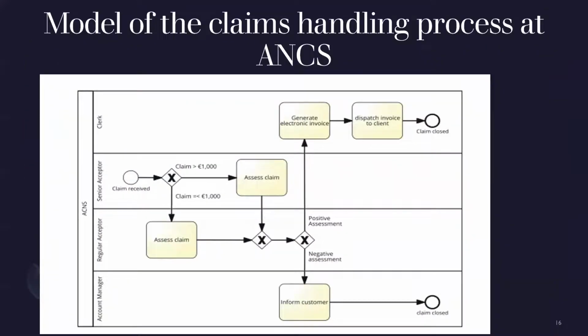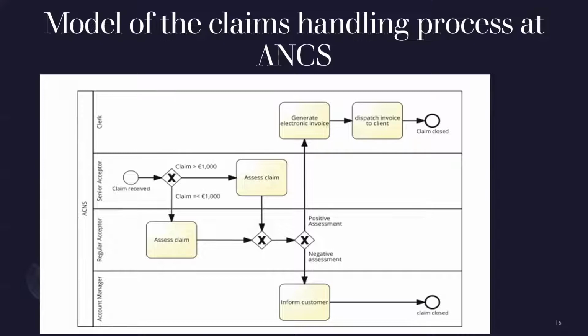Next is the model of the claims handling process at ACN. Building on the explanation of the BPMS architecture, we have seen that the first activity in this process is an assessment of the claim, which is done by the senior acceptor or a regular acceptor. It depends upon the value claimed.